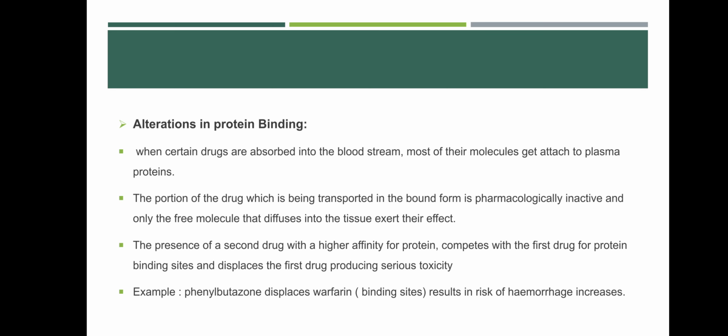Next is the alterations in protein binding. In this, certain drugs are absorbed into the bloodstream, and most of the molecules of these drugs will get attached to plasma proteins.